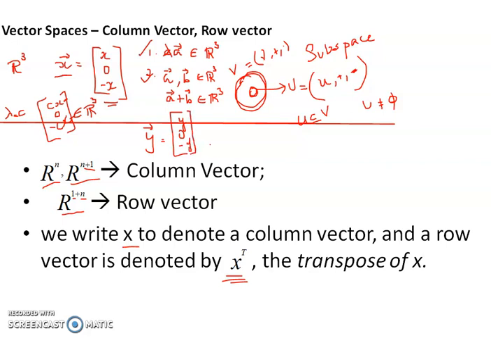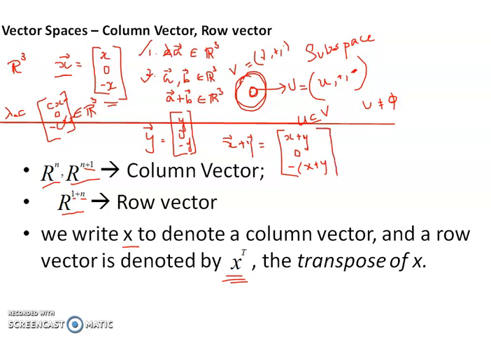After performing the addition, x plus y, you will get a vector with elements x plus y, 0, and minus of x plus y.